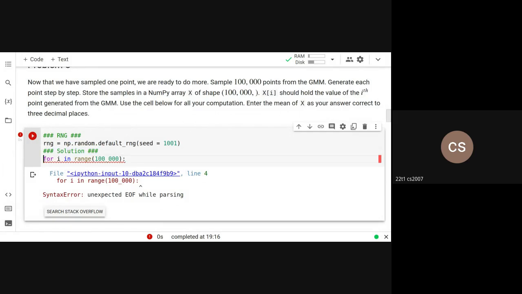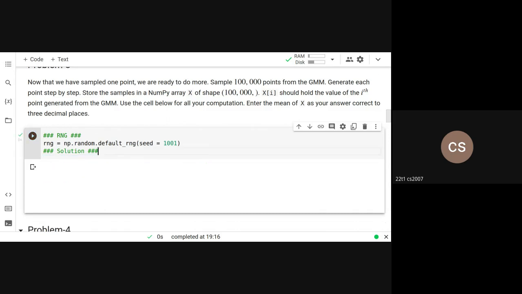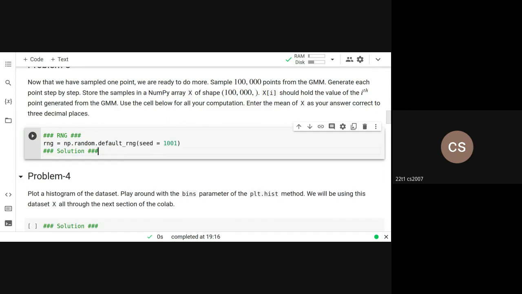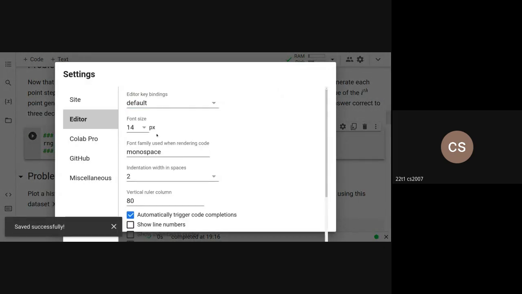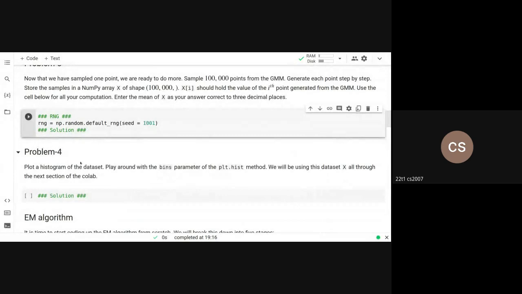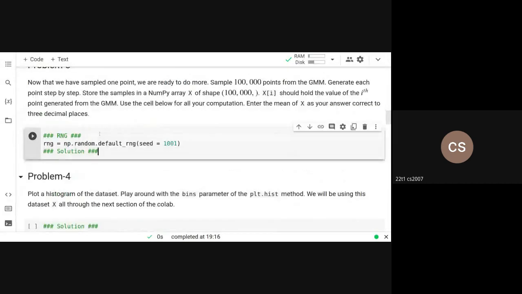I don't have this, it's kind of disturbing. Sorry for the delay, I need to set this to 4. Yeah, it should work.